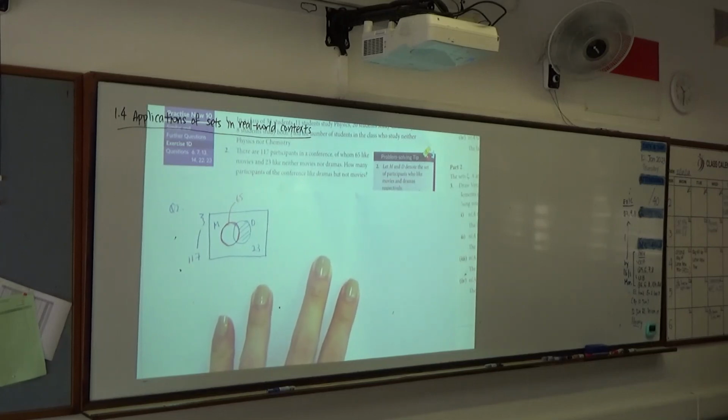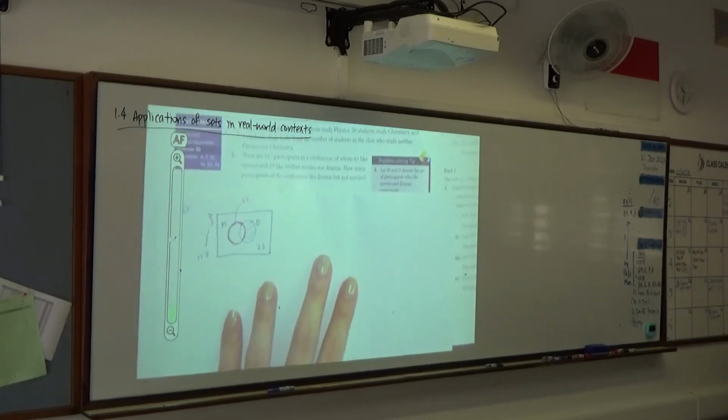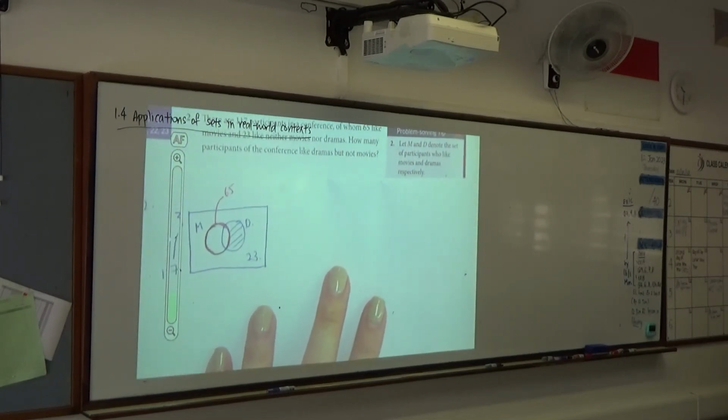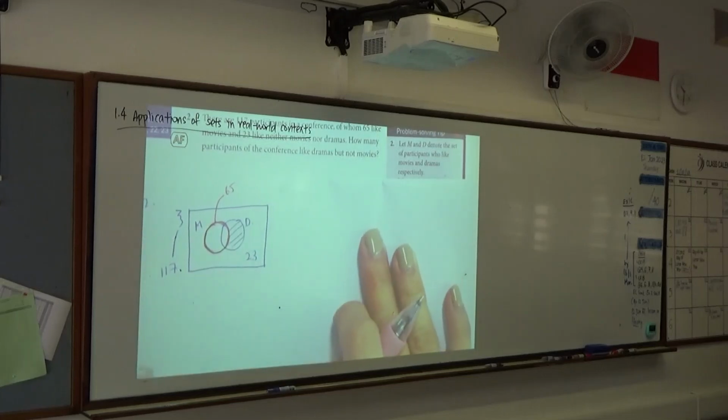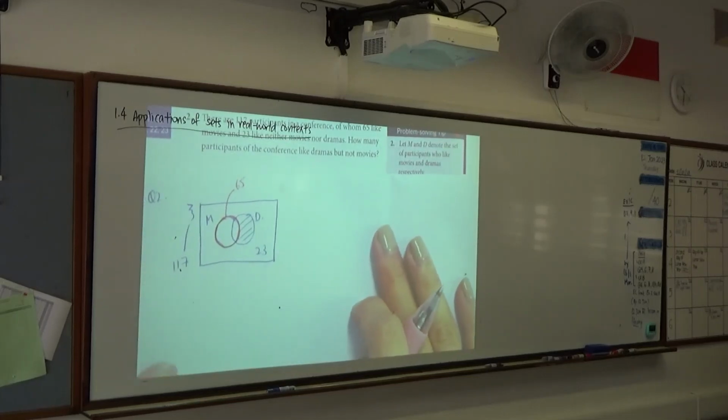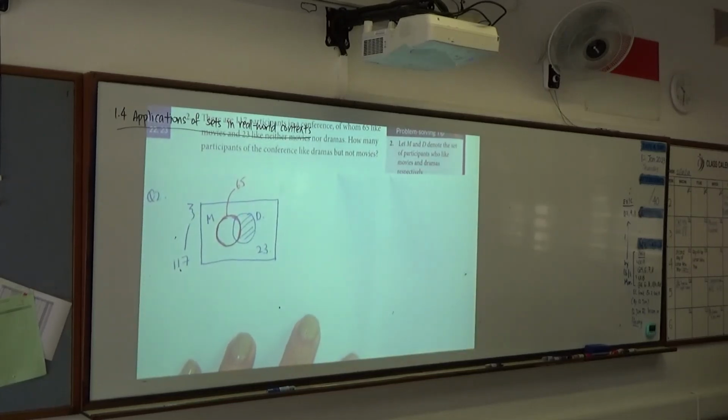Drawing the Venn diagram is meant to help us visualize the question. Then we know what steps to take. I realize it might be too small for the people at the back. So how could we figure out this number? Now we know that those that like neither movies nor dramas is 23.